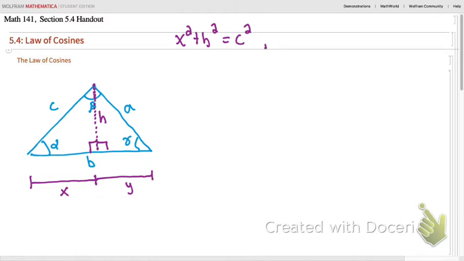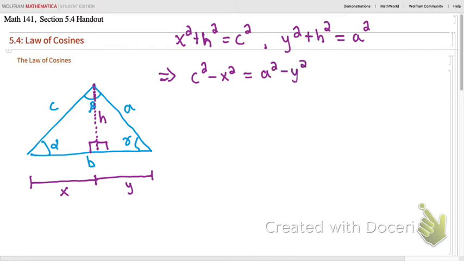For the triangle on the right, the base squared plus the height squared has to equal the hypotenuse squared, or a squared. Solving both these formulas for h squared and equating the results gives the equation c squared minus x squared is equal to a squared minus y squared.